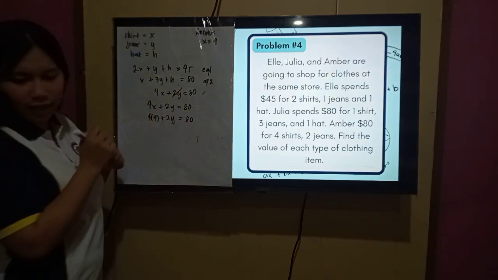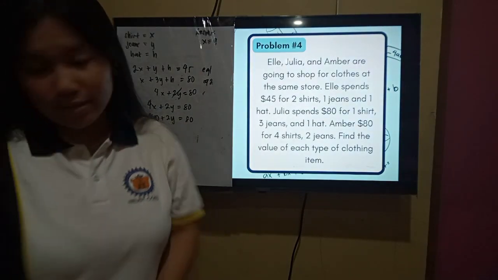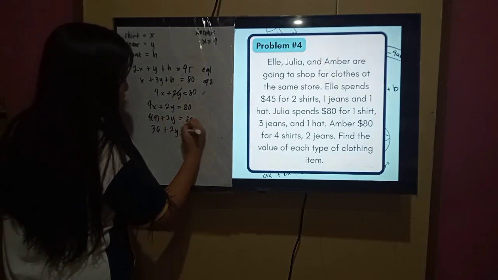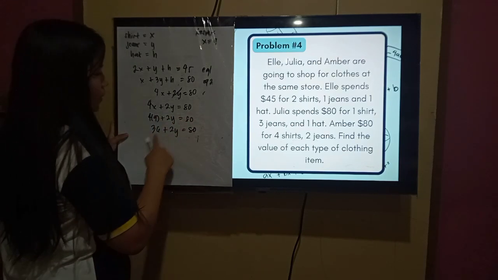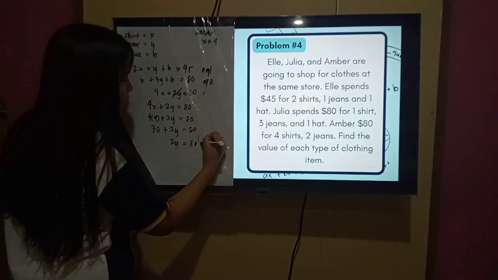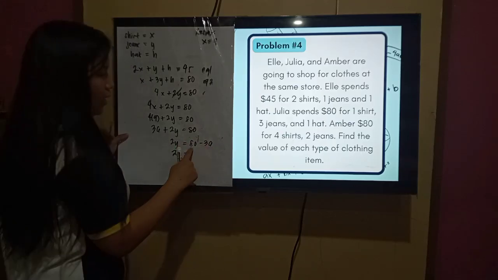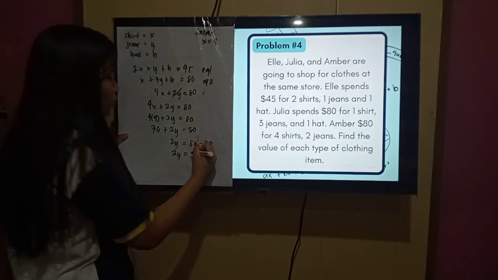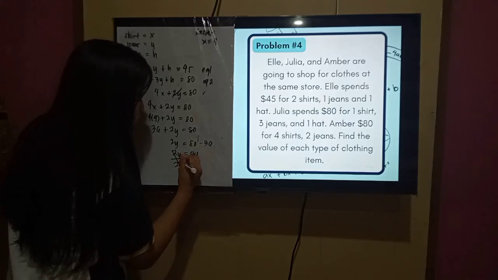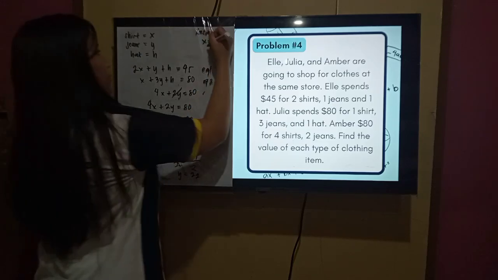So, 4 times 9 would be 36. So, 36 plus 2Y is equals to 80. We move this over. 2Y is equals to 80 minus 36, that would be 44. Then, Y is equals to 22. So, we now have the value of Y.